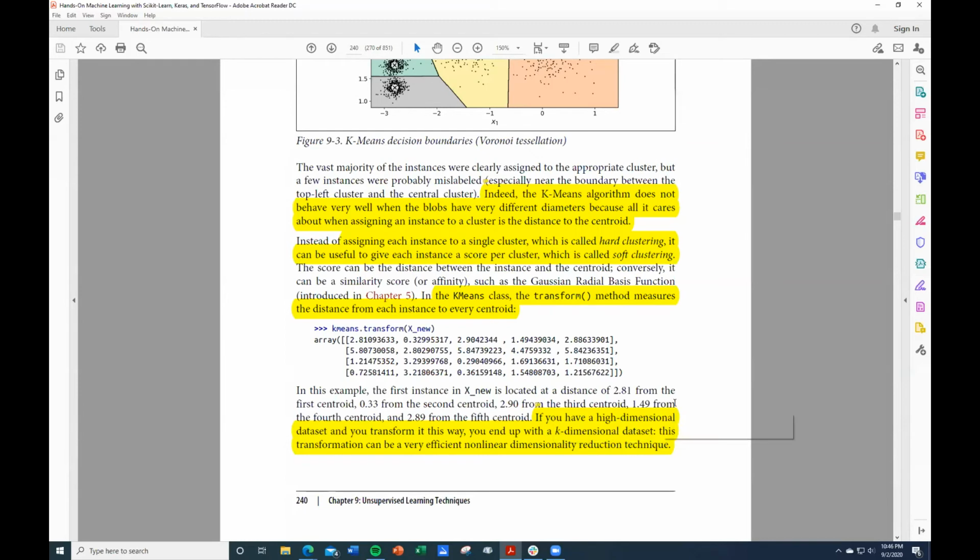One of the things he mentions is that if you have a high dimensional data set and you transform it this way, you can have dimensionality reduction from whatever your high dimensional data set is down to a lower dimensional K data set.